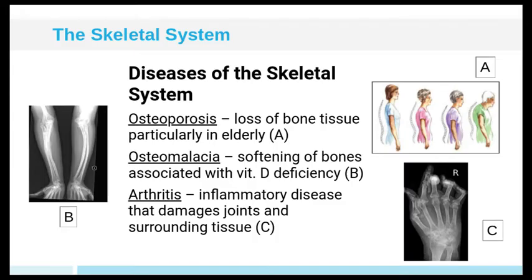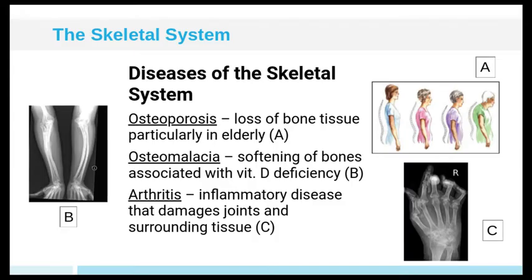You've got osteomalacia, which is softening of bones associated with vitamin D deficiency. That's one of the reasons they add vitamin D to milk and other foods that we consume regularly, to prevent that from happening.